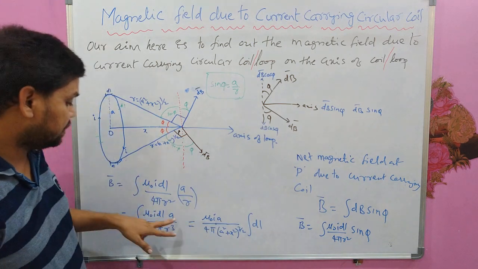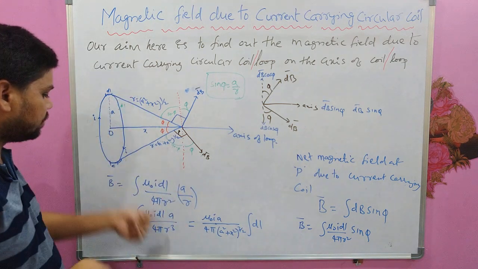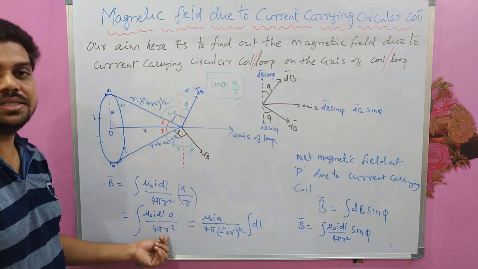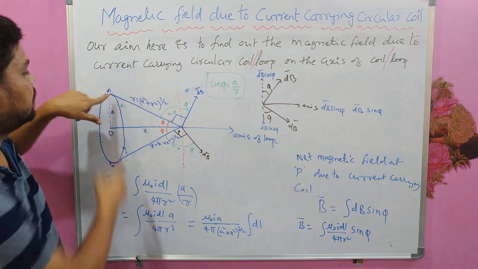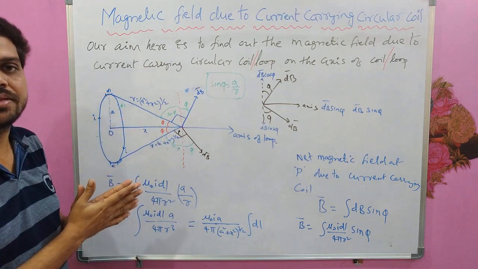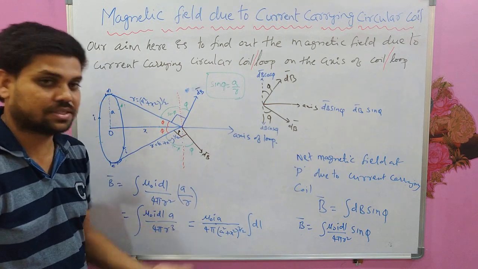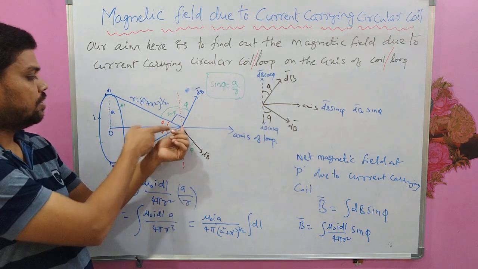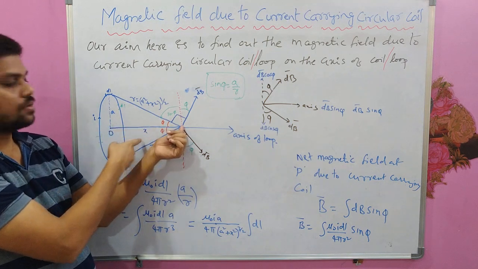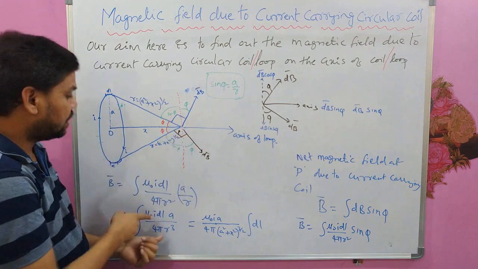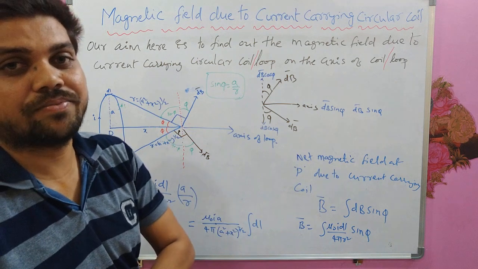A is fixed, it is the radius of the coil. I is fixed, which is the current flowing through the coil. And r has a and x in it. The point P that we have considered is fixed, x is not changing, A is not changing, and hence r is not changing, and only dl is changing.